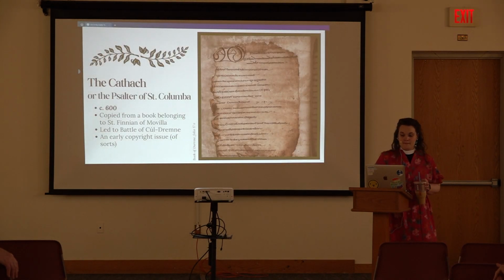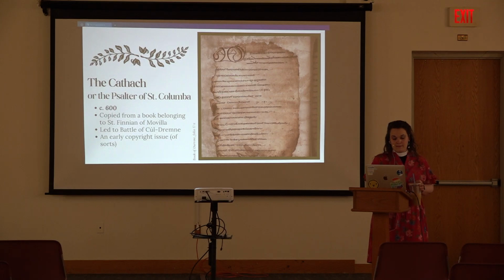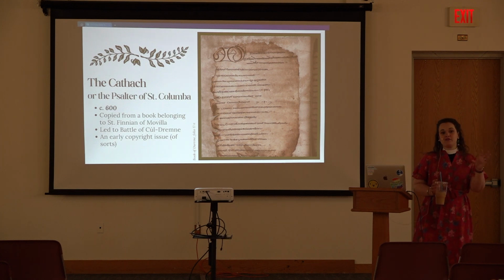Is it known if the subject matter is something that would be more likely to make Finian irritated that Columba was doing this? It's just Psalms. So it's not anything that Finian himself wrote, but the original book that Finian bought would have likely been really, really expensive.